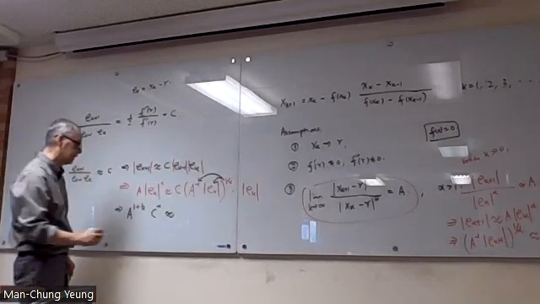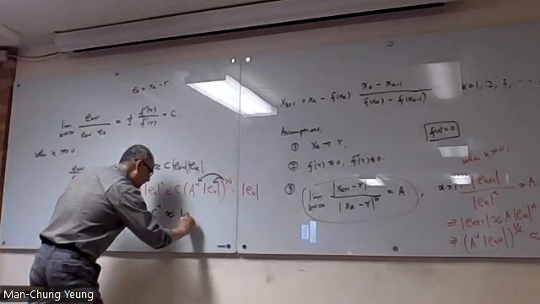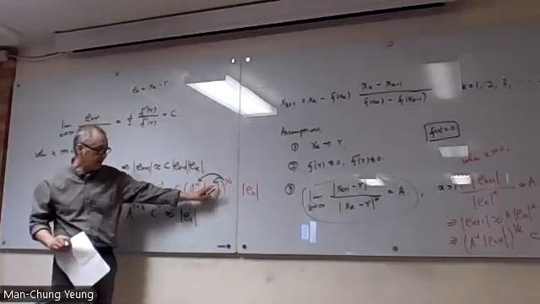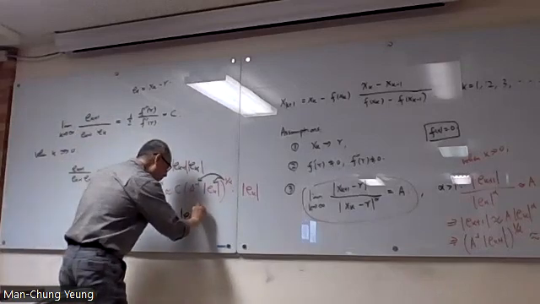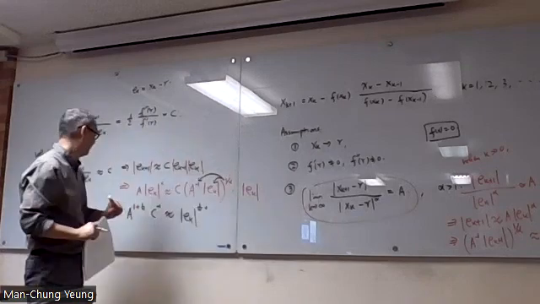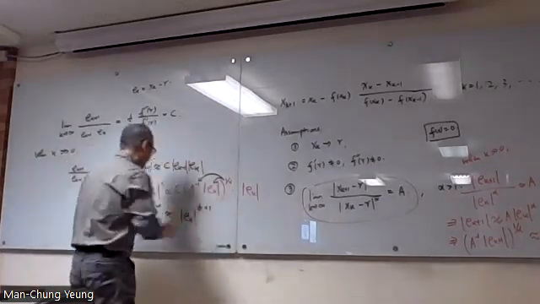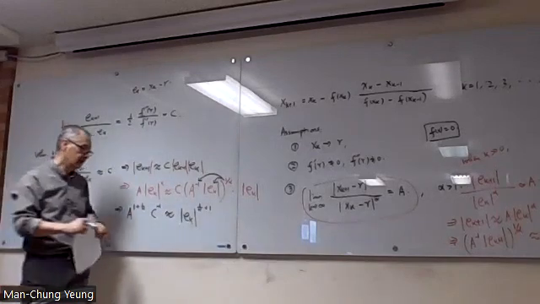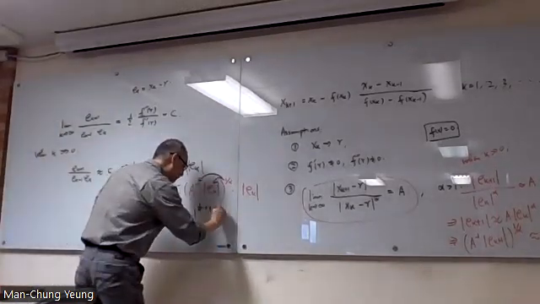The power is 1 over alpha here, plus this Ek plus 1, and also this Ek to the right side, so minus alpha.